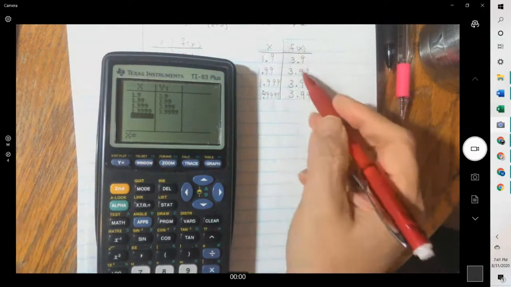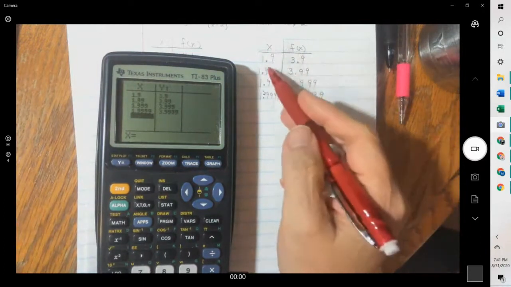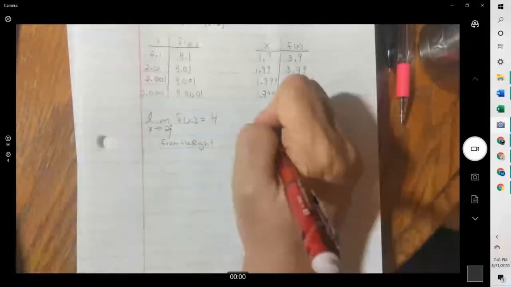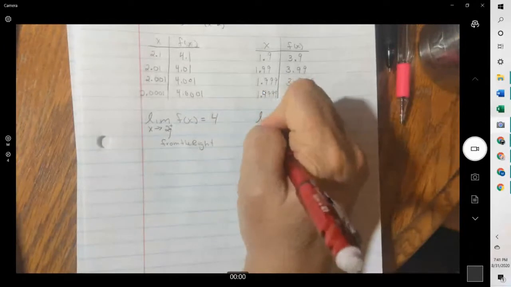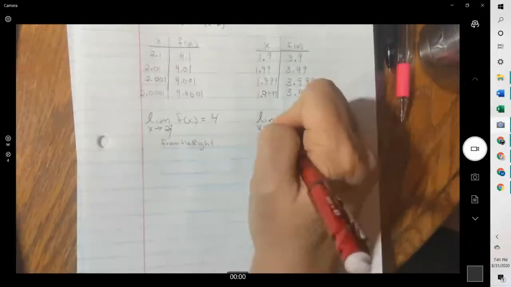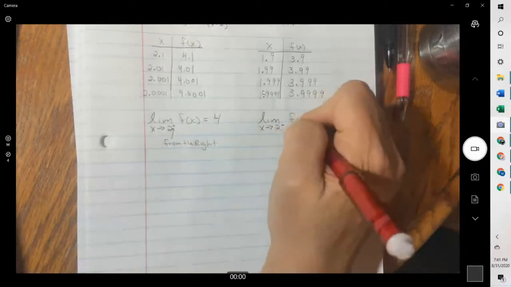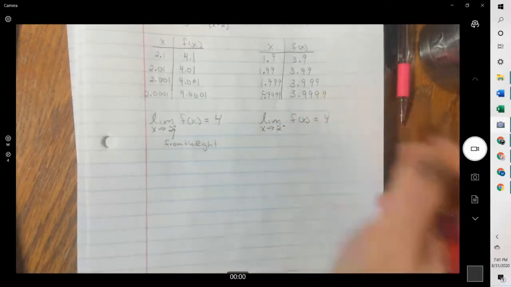So this is also getting closer and closer to 4 as this gets closer and closer to 2. That means the limit as x approaches 2 from the left, because it's smaller, for the function equals 4.